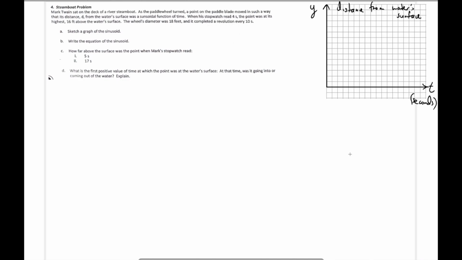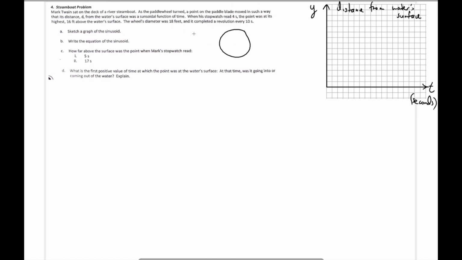Okay, now what else do we have here? We also want to draw a circle, because we're going to need this periodic circle to understand how to plot it on the ty plane.